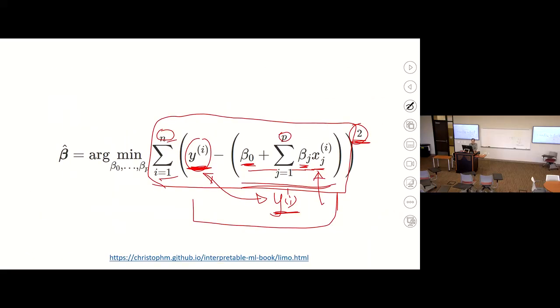And the goal of the optimization is to try to find the best combination of your beta, beta 0 to beta p, okay? So it depends on how many variables you want to consider, single or multiple variables. And you want to find these combinations of beta values to give you the total summation of this as small as possible. And the solution of these combinations of beta is the result of your optimization.